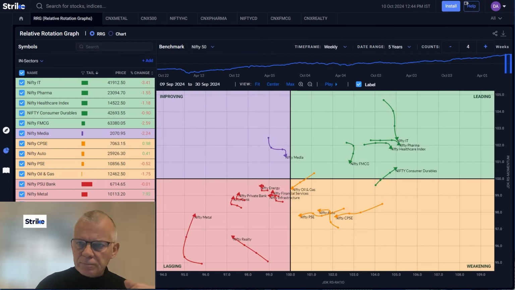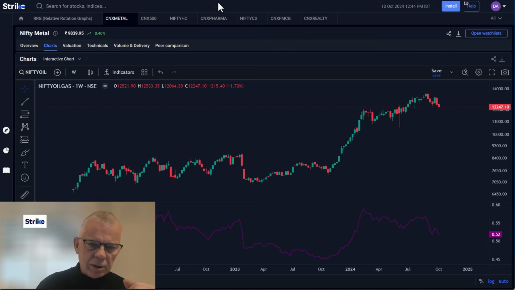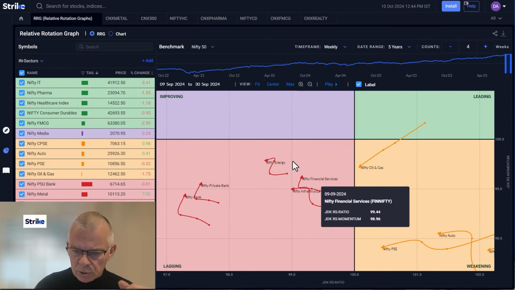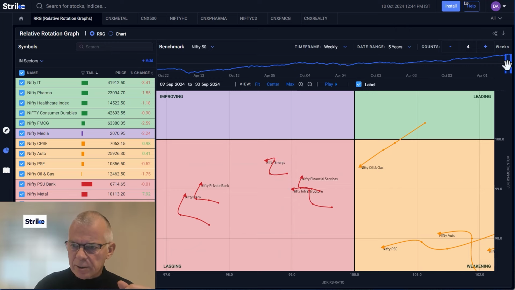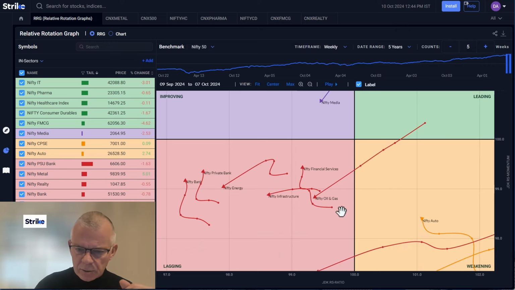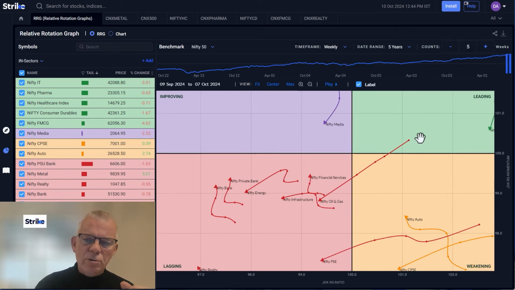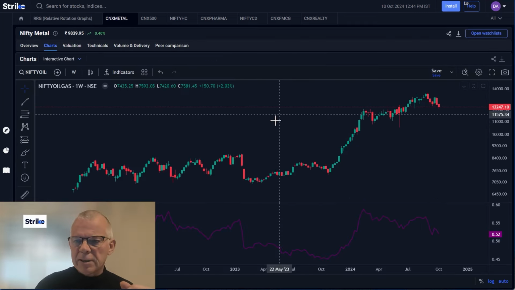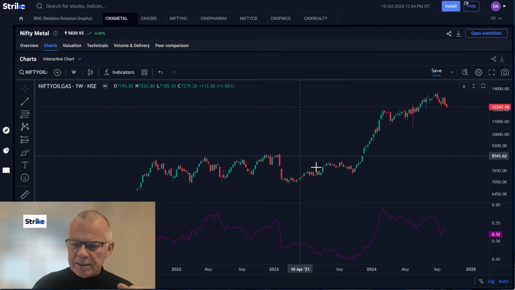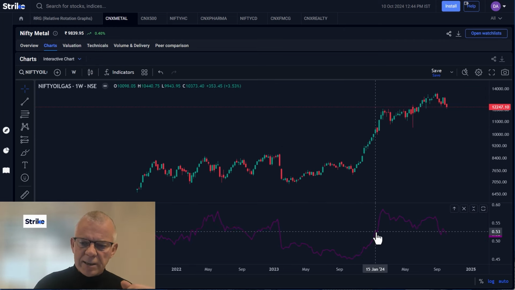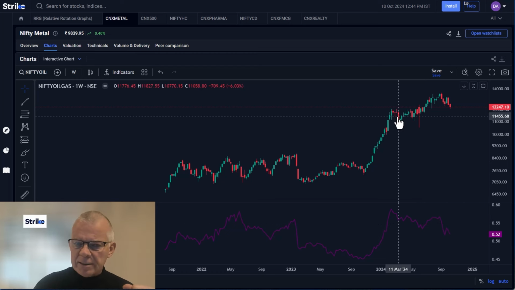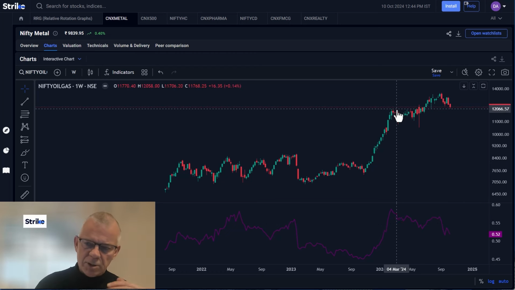The other one that we want to look at is oil and gas. I need to zoom out on the RRG to see where that is. So here is oil and gas. Look at that. It's almost a straight line from leading, a short stint in weakening, and then straight into the lagging quadrant. If you look at the price chart in combination with the relative strength line, you can see how relative strength has completed a double top formation, and the price chart is still holding up well.